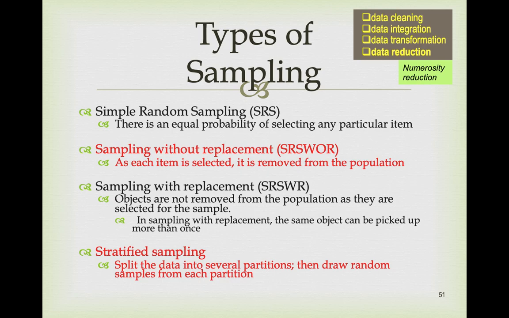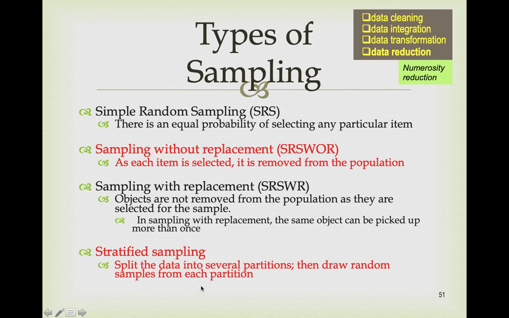So in sampling without replacement, WOR, as each item is selected, it is removed. But in sampling with replacement, objects are not removed from the population as they are selected for the sample, so the same object can be picked more than once.